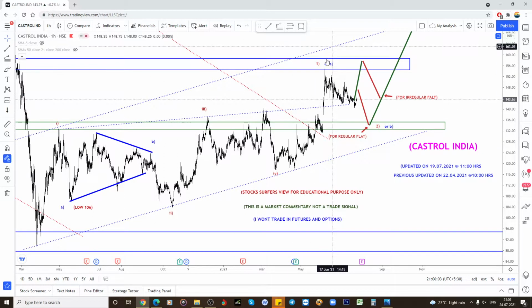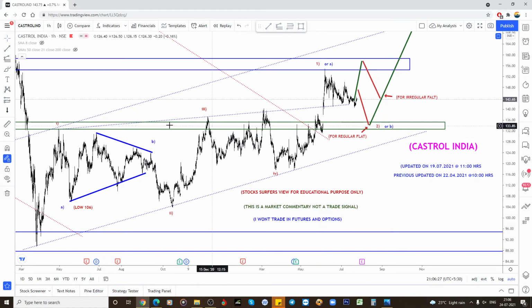Whether this whole thing becomes a 1 or A, this is a 2 or C, a lot of possibilities here it looks like. So whether this is an A, B, C as a 1, A, B, C as a 2, A, B, C as a 3, anything, I'm looking only for that. After the three-wave structures, we need to buy in the bullish, and it is making a higher high also, so it is not making a lower low.